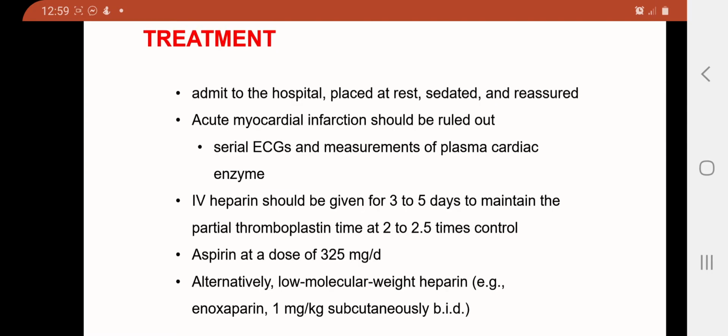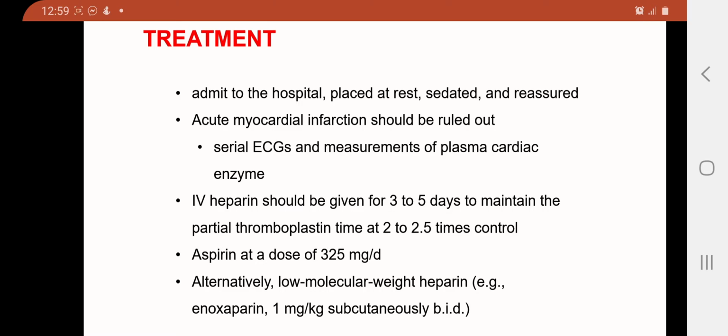For the medical treatment, you admit the patient to the hospital, place at rest, sedated, and reassured. Acute MI should be ruled out by doing serial ECGs and measurements of cardiac enzymes, your troponins. IV heparin should be given for 3 to 5 days to maintain partial thromboplastin time at least 2 to 2.5 times the control.